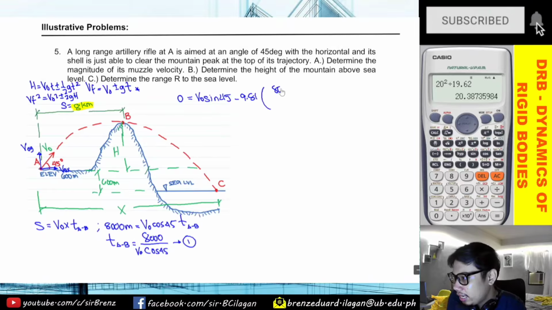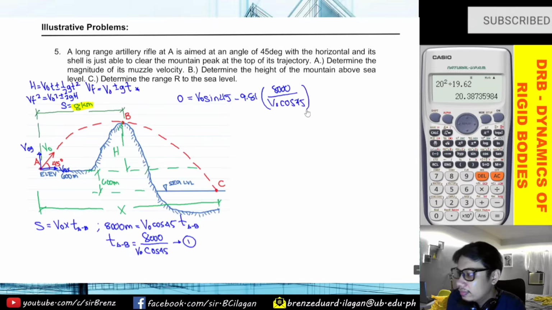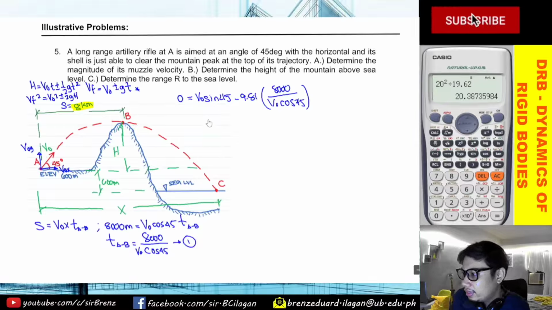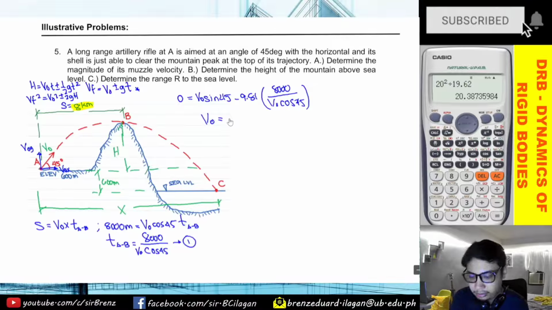Substitute lang natin. So 8,000 all over VO cosine 45. Ayan. So we will have a value for V sub O. Transpose lang natin. Or shift solve lang natin para mas mabilis.